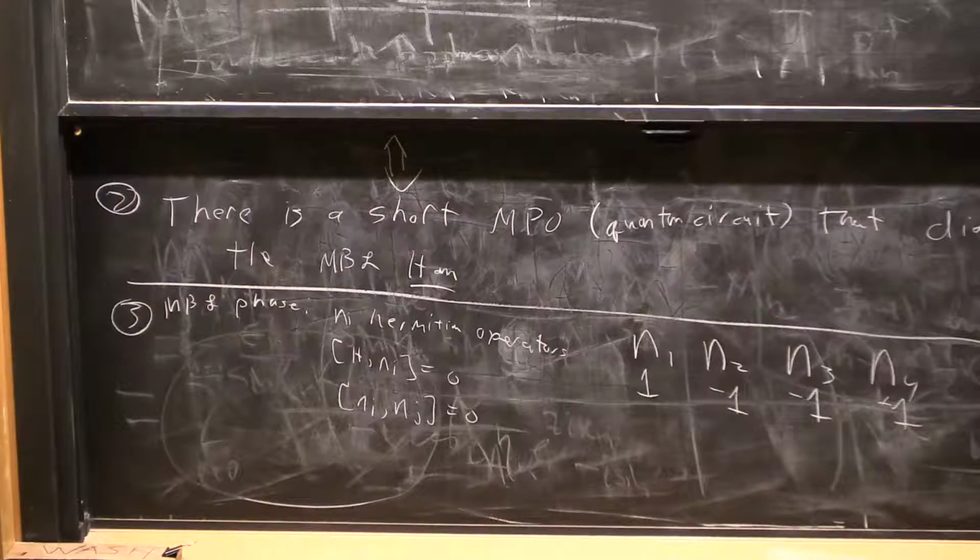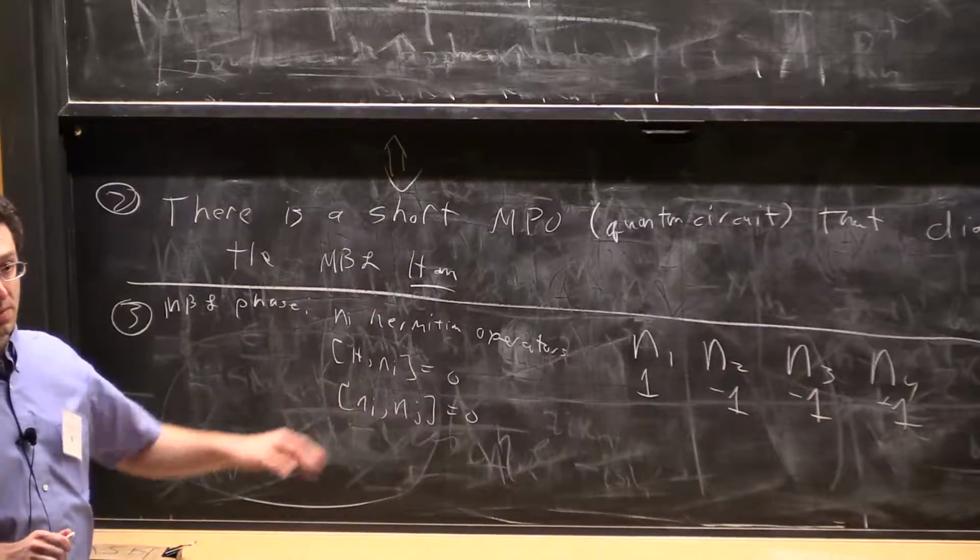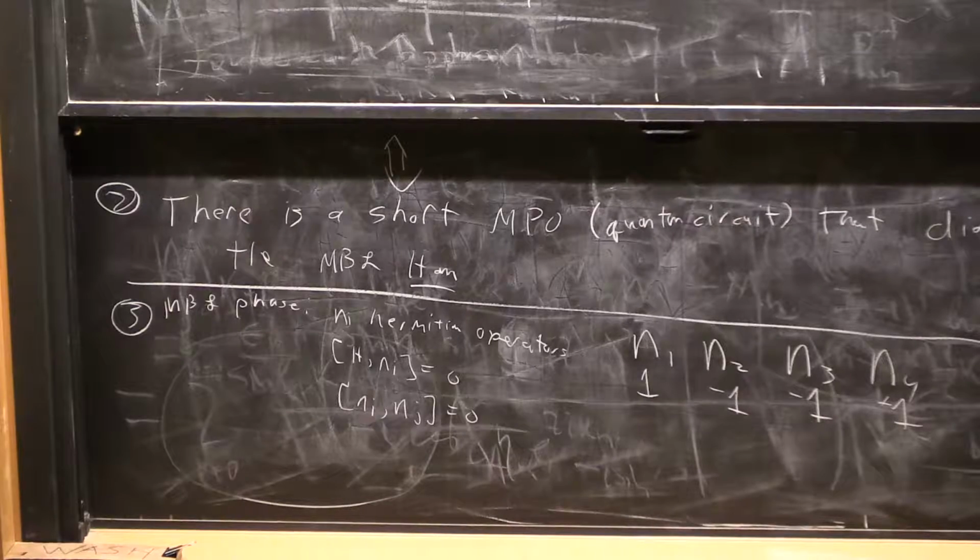And that I can do for any Hamiltonian. Okay, good. So the Hilbert space is of size 2 to the n. But it is true that for any Hamiltonian, one can write such quantum numbers. What is not true generically is that these Hermitian operators will be local. And that's an important distinction.